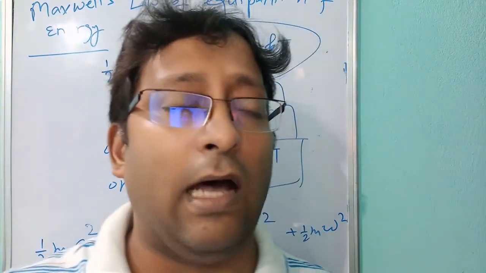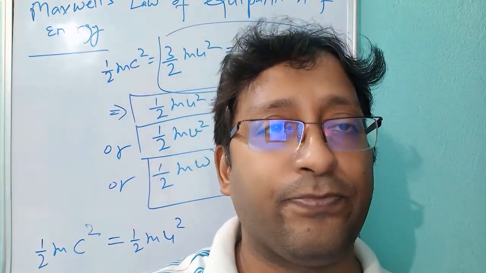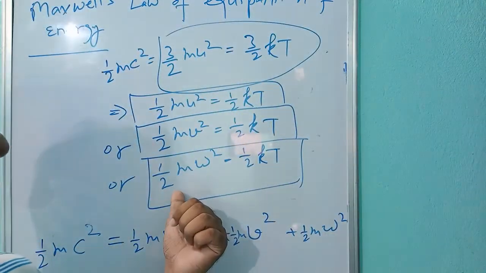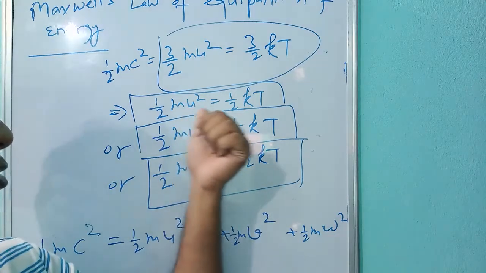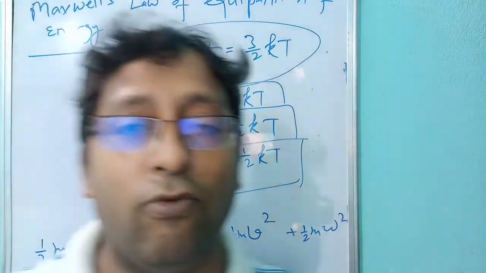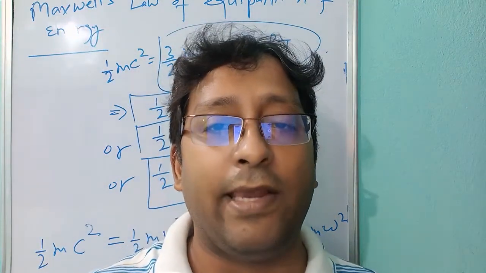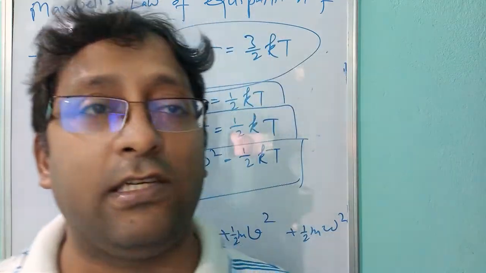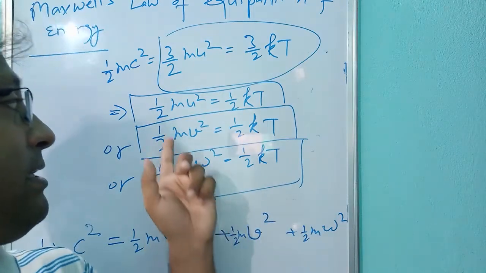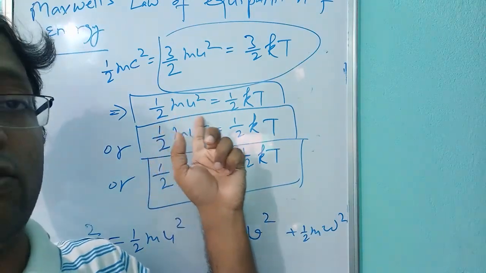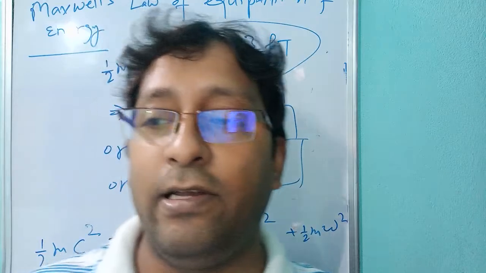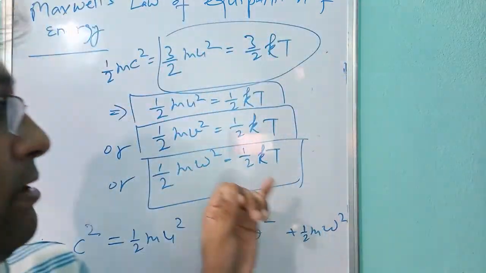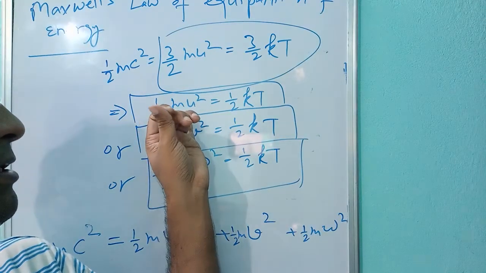Therefore, on this basis, from this expression, if you see, 1/2 mu² is equal to 1/2 kT, therefore you can say that the average kinetic energy associated with each degree of freedom will be equal to 1/2 kT. Why am I saying average kinetic energy associated with each degree of freedom?